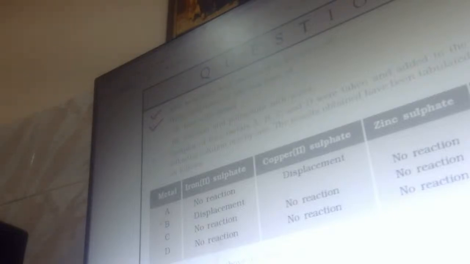I think B is the first one. B, copper sulfate. Decrease in reactivity. That means big to small, right?